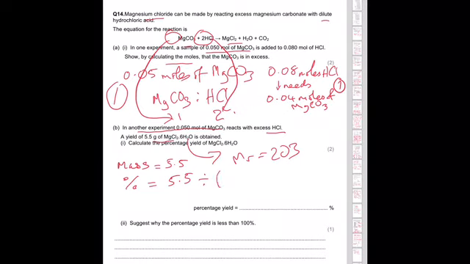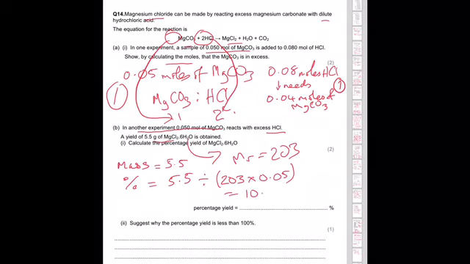So your theoretical mass can be found out from 0.05 times by Mr. It's moles times Mr, isn't it? So 203 times by 0.05, sorry, times by 100. Bash this out on the calculator. What's 0.05 times by 203?